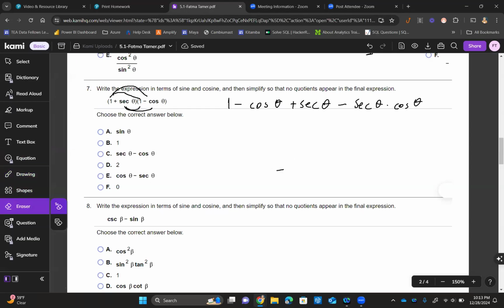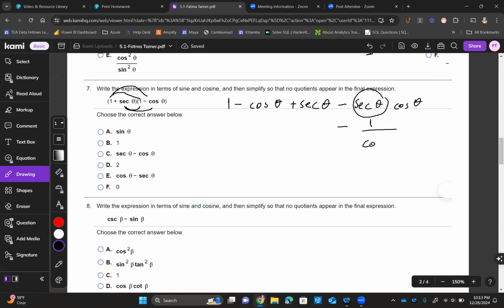How is this going to help me now? Let's see, what can I simplify? Here, I see right away that secant theta can be rewritten as 1 over cosine of theta. And I need to multiply this by cosine of theta. I'm just going to bring down everything for now to see if anything cancels out so far. When I replace the secant theta by 1 over cosine of theta, the cosine of theta at the top and the cosine of theta at the bottom will cancel out.